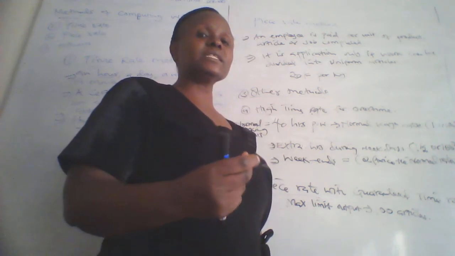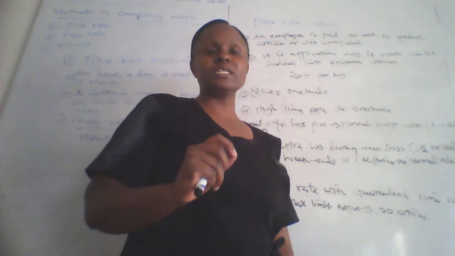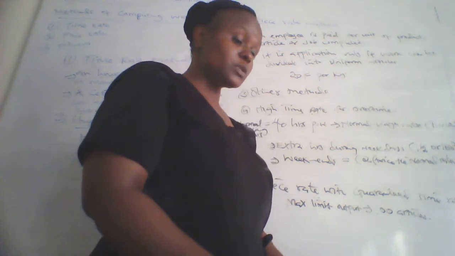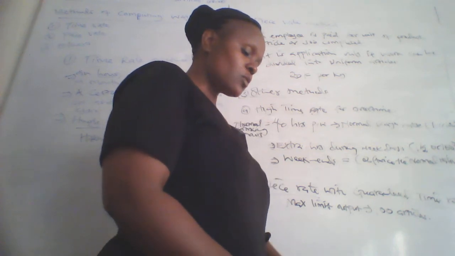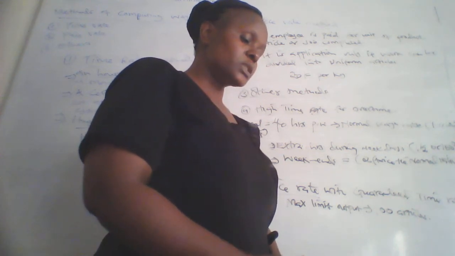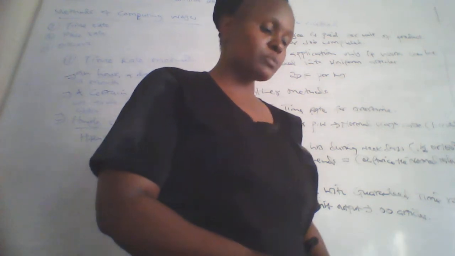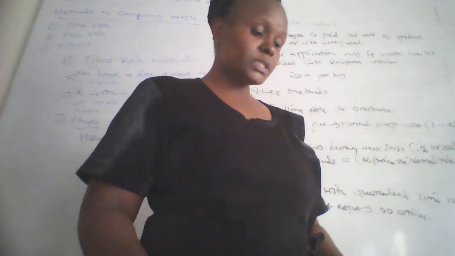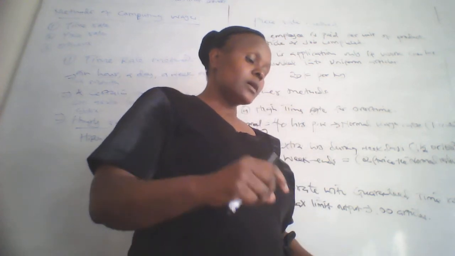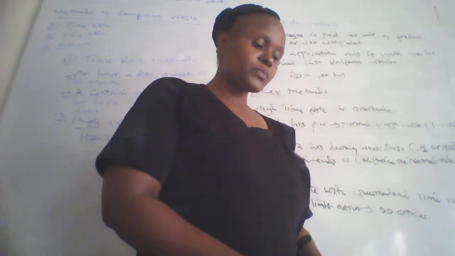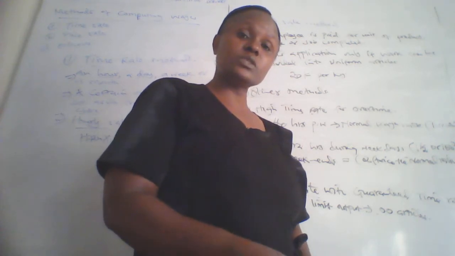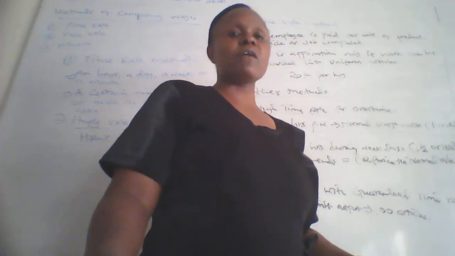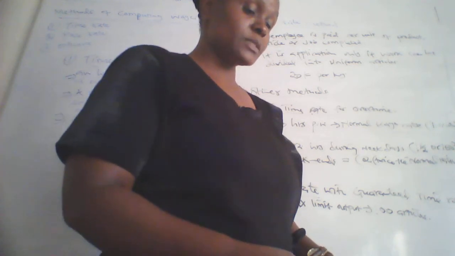But if you produce less, there must be reasons why you produced less. Maybe there were unavoidable circumstances which made you produce less. So under this method, a specific amount is paid to the employees on a daily or monthly basis, irrespective of what they produce. The lower output may be because of reasons which could not be avoided, which we call unavoidable circumstances.